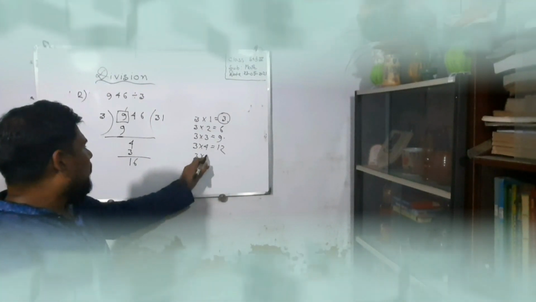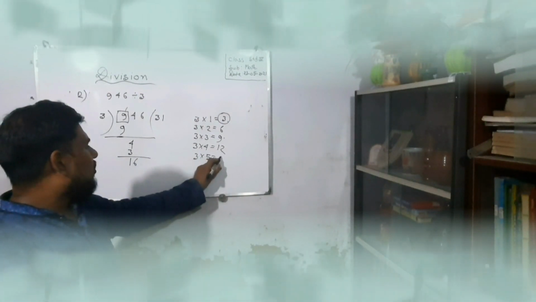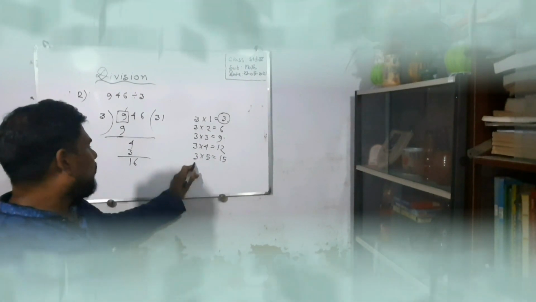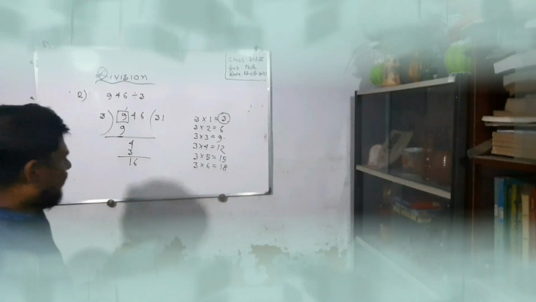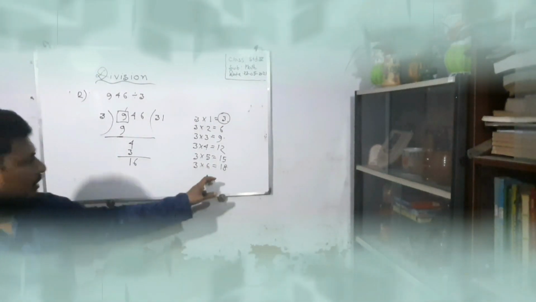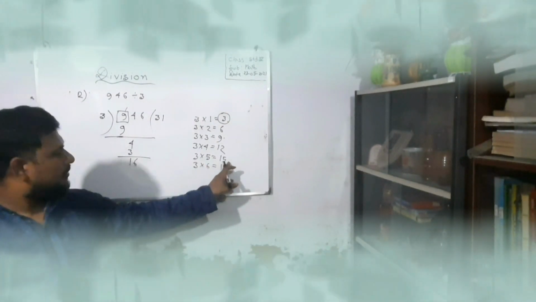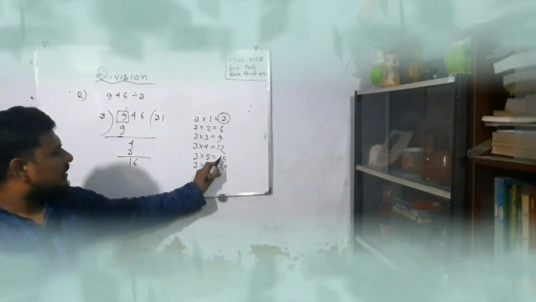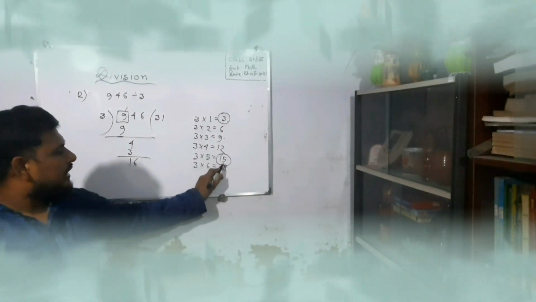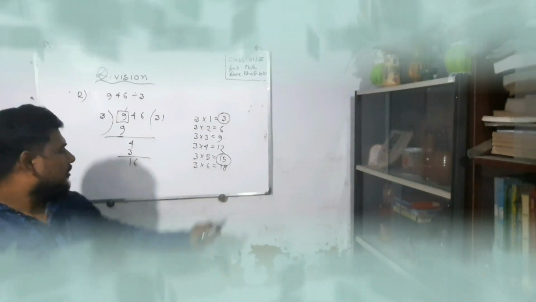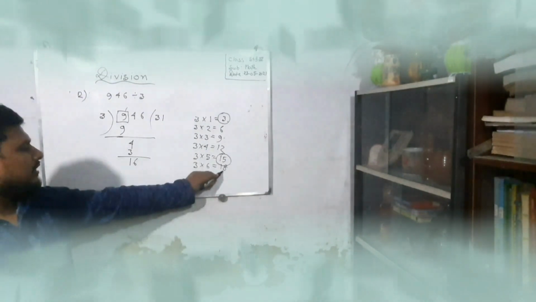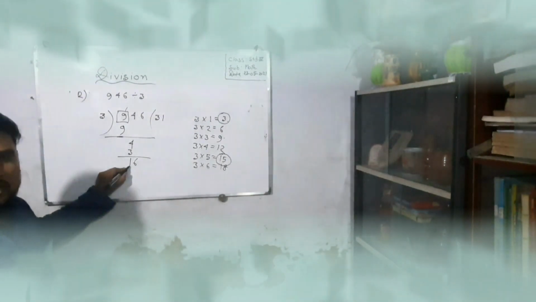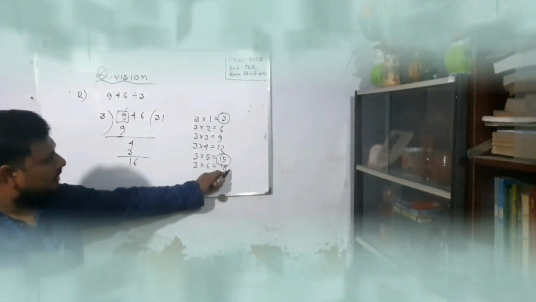We can multiply another one. 3 into 5 equals 15. 3 into 6 equals 18. Dear students, which digit will you take? I think we will take 15. If we take 18, it is larger than 16, so it's not allowed.